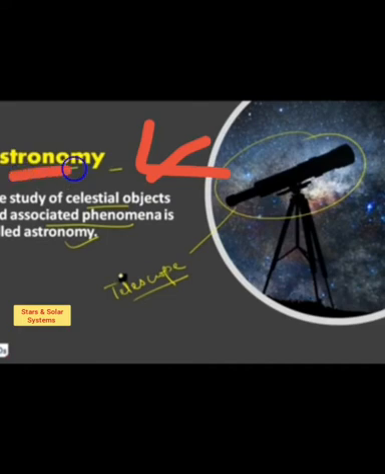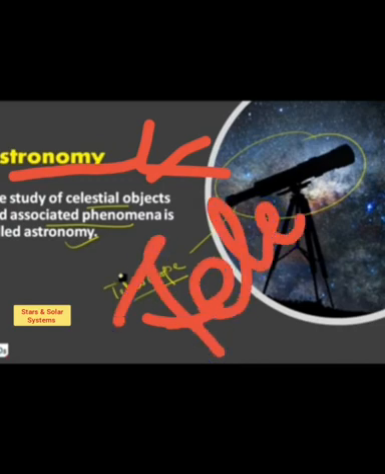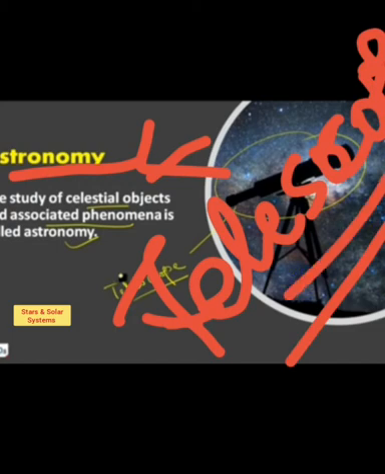The ones who do the study of these celestial objects are said to be astronomers, and the study they do is said to be astronomy, and the astronomers study these celestial objects with the help of one instrument. That instrument is the telescope.